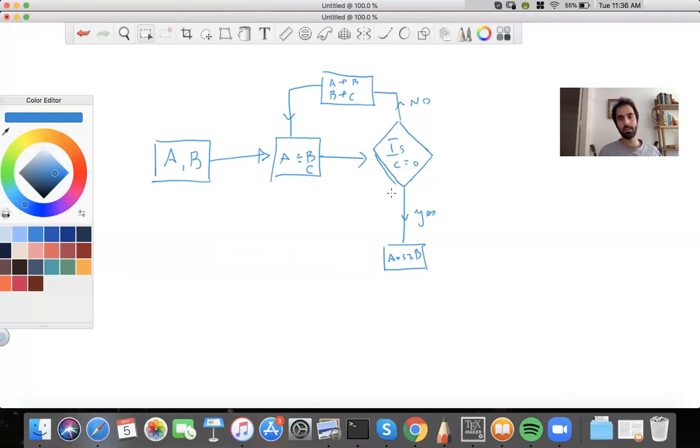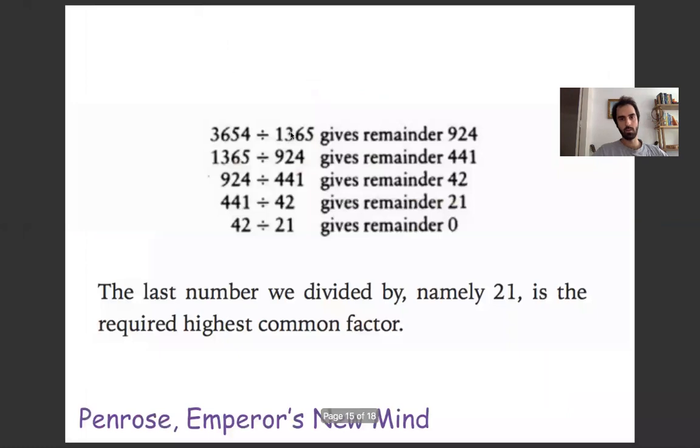So this is an algorithm. You can take two examples of numbers. For example, A equals 1365, B equals 3654. Okay, and you iterate this process here, which is what I'm showing to you here.